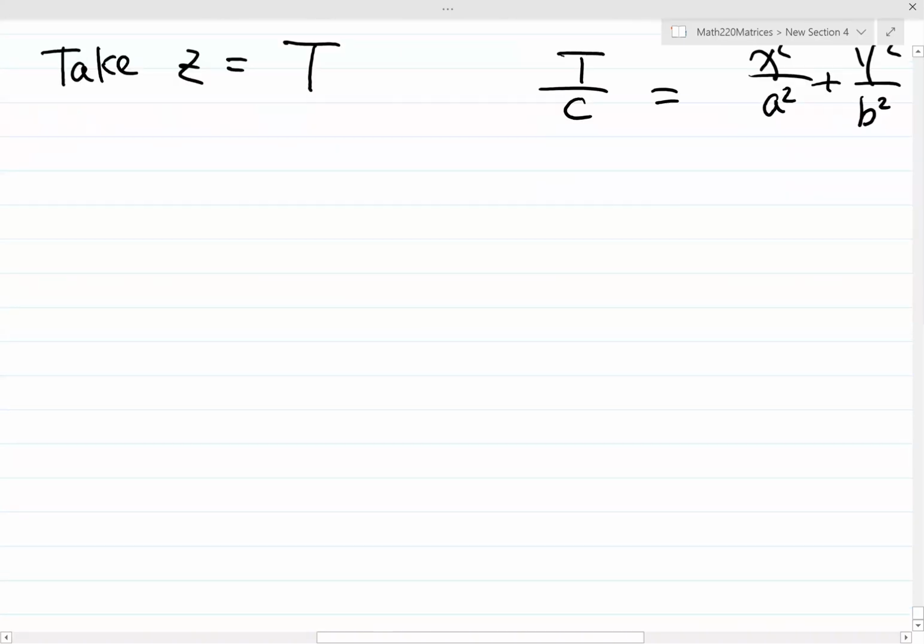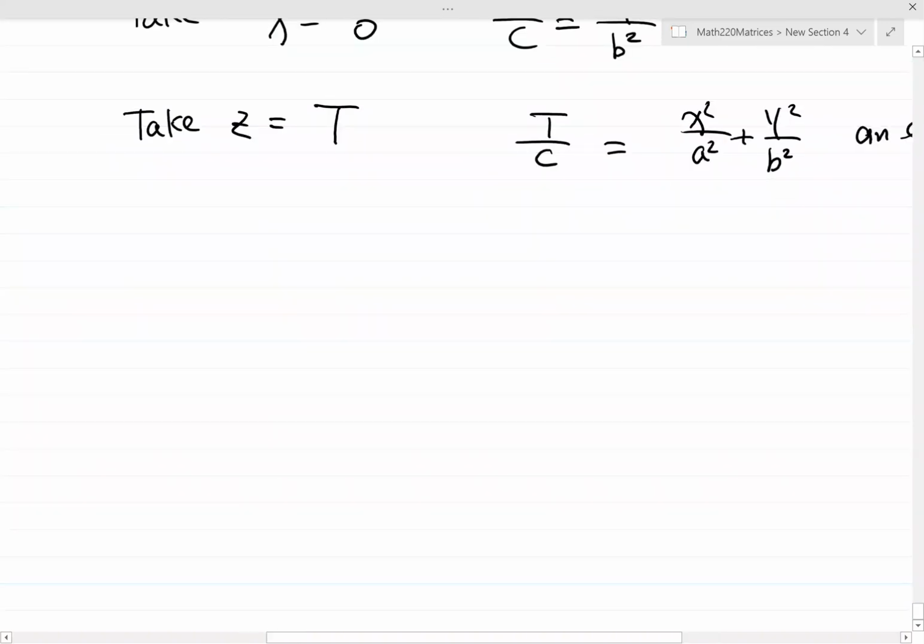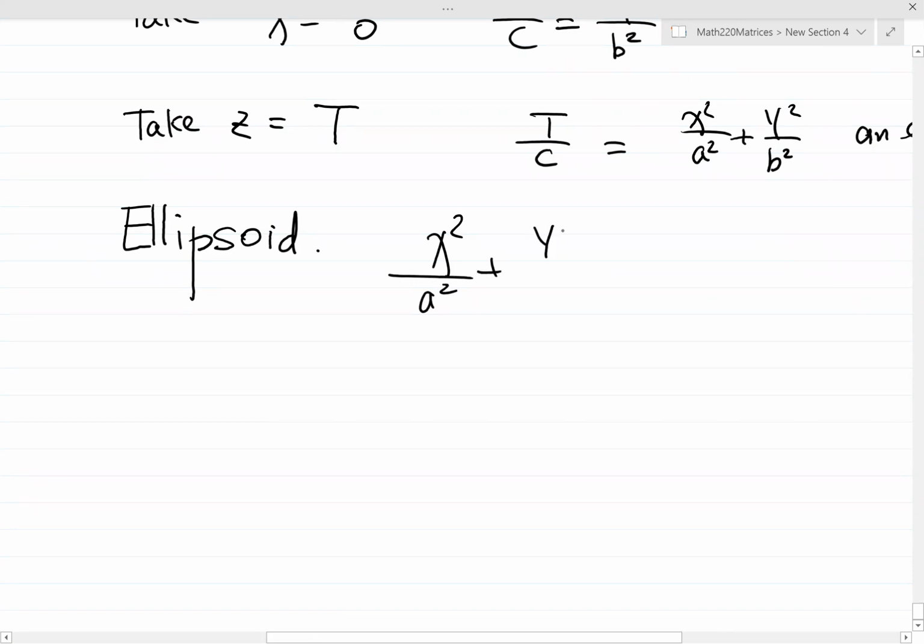Maybe this example: the ellipsoid. The ellipsoid has this equation: x squared over a squared plus y squared over b squared plus z squared over c squared is 1.